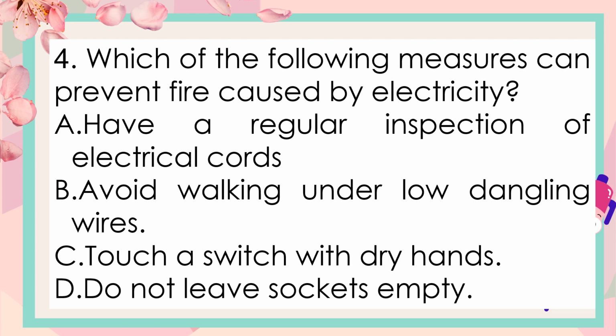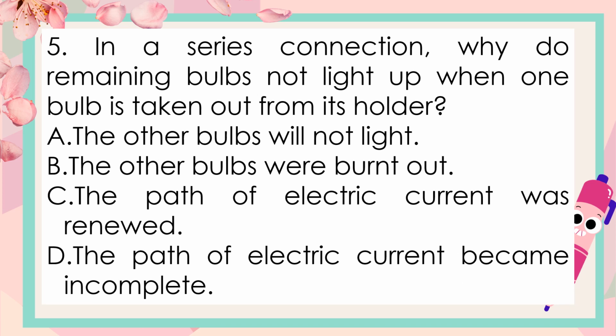Number 4. Which of the following measures can prevent fire caused by electricity? A. Have a regular inspection of electrical cords. B. Avoid walking under low dangling wires. C. Touch a switch with dry hands. And D. Do not leave sockets empty. Number 4.